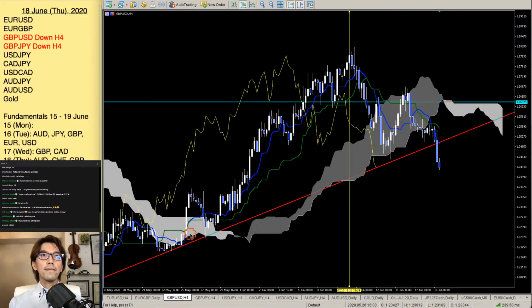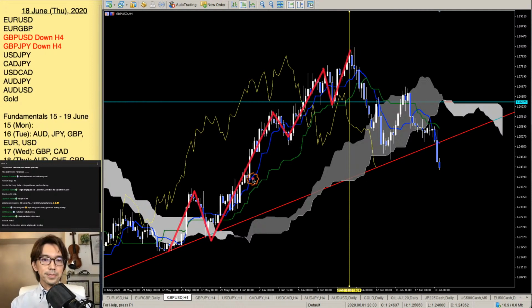But as an N wave, this was 1 N wave, and then a consecutive N wave, the second N wave, was appearing here, and then the third N wave was appearing here, all the way to the top. So basically, this is 3 consecutive N waves upwards.